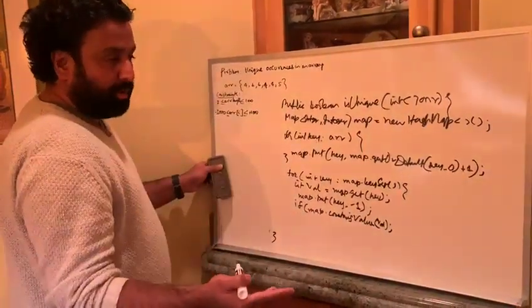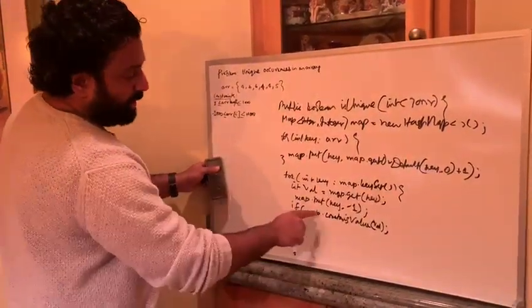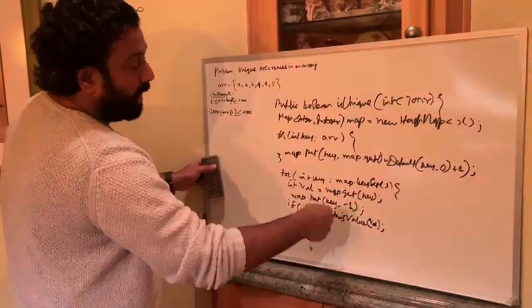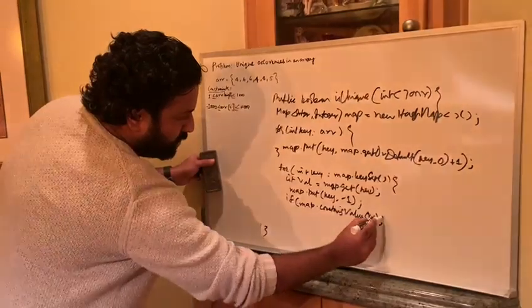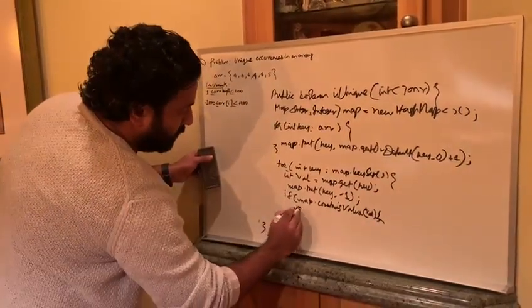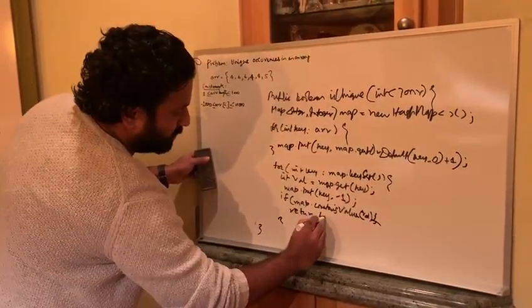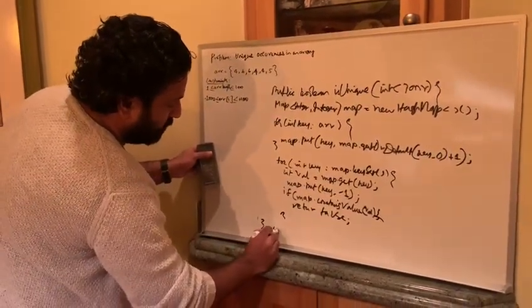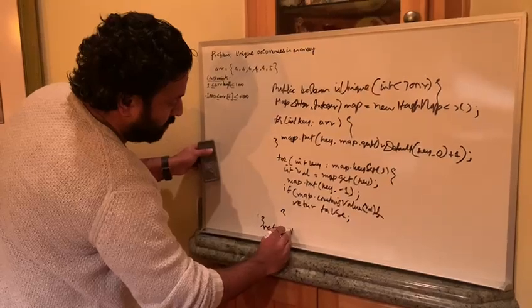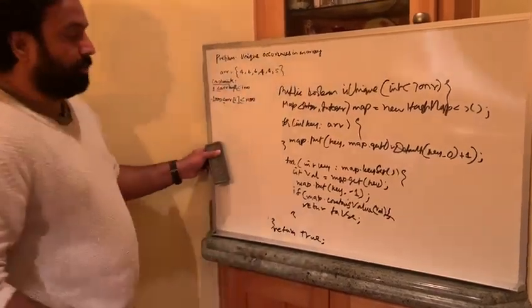We're not creating any more sets. We're checking if there are any more occurrences for the value. If this is true, then we are going to return false. Else, we're going to return true at the end.